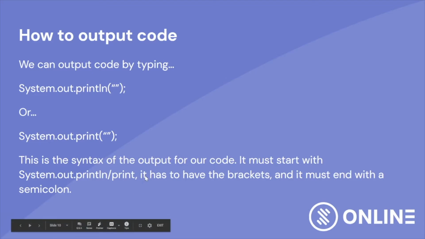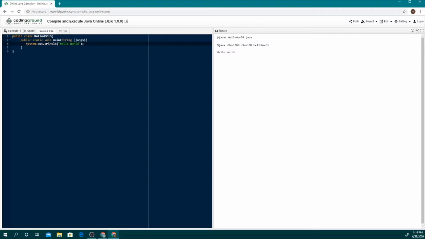In this slide, we're talking about print line and print. What's the difference? Well, whenever we use a print line statement, it prints the line and then moves the cursor to the next line.